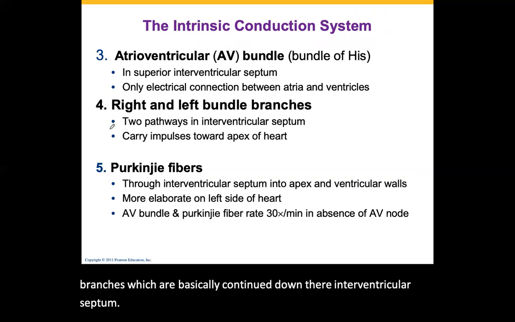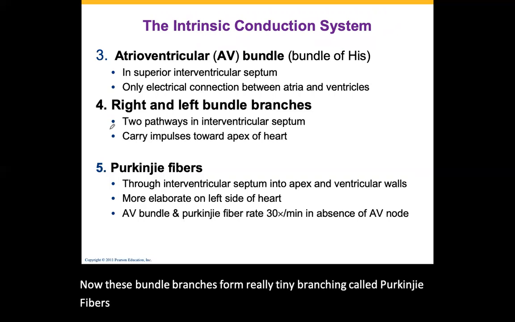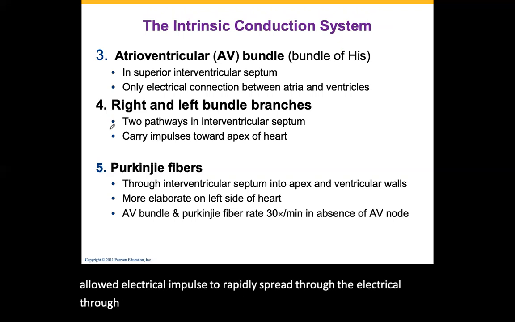These bundle branches form really tiny branches called Purkinje fibers. Purkinje fibers are extremely important because they allow the electrical impulse to rapidly spread through the ventricles, and therefore allow the ventricles to contract as one unit.